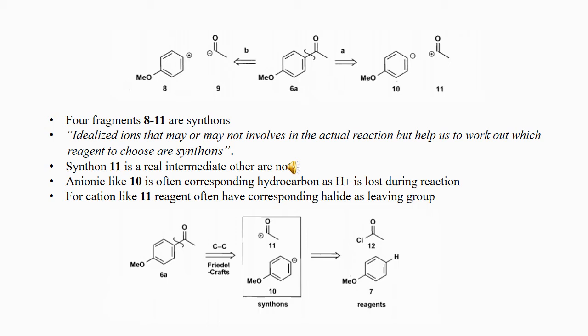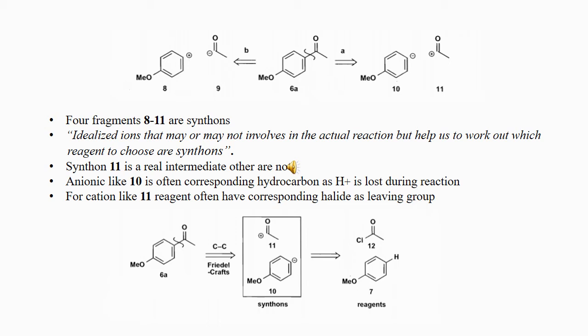So how can we make synthon 11? Synthon 11 can be suggested from the acid halide, and if the halogen of the acid halide is removed, the cation is formed. So only the 11 synthon is a real intermediate, the others are not.